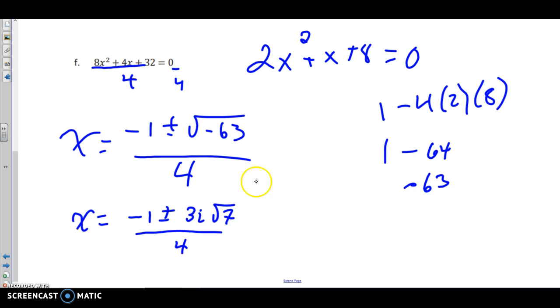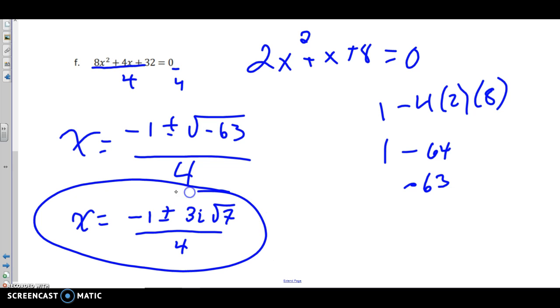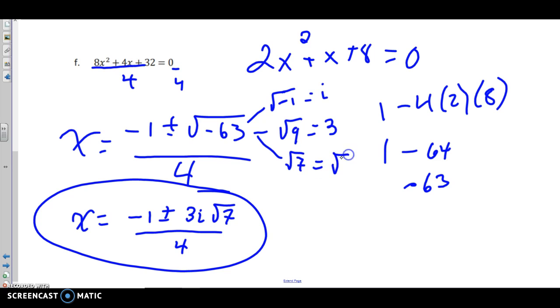Therefore, this is my solution. So if you didn't see the 3i radical 7, I got radical negative 1, which is the i. Radical 9 is 3. And radical 7 is radical 7. So that's where the 3i radical 7 comes from.